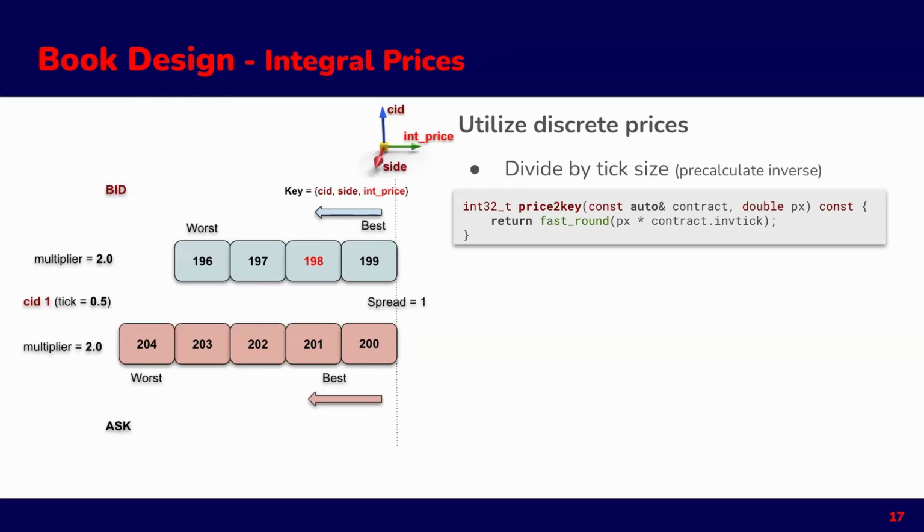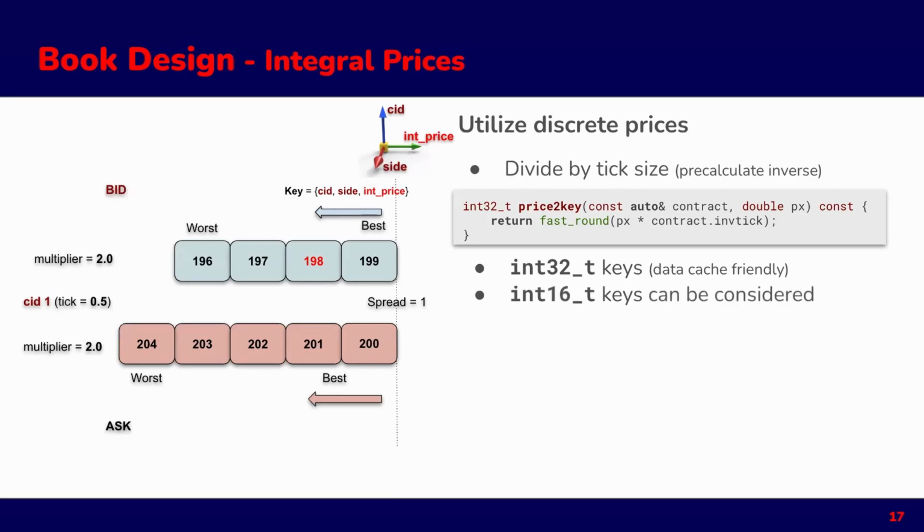We can use int32 keys. In that case, we get 16 of such keys in a single cache line. We could consider 16-bit keys, but then we are limited to 64 levels, which for some volatile markets might not be good enough. So I stick with 32-bit keys.